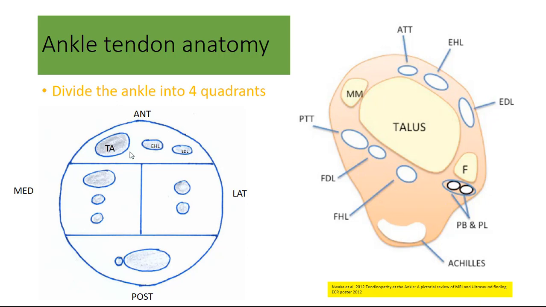And when we say extensor tendons, it's not plantar flexion or extension of the ankle, it's extension of the toes. And these are the flexors of the toes. These are our peroneal tendons, and this is our Achilles and our plantaris posteriorly.